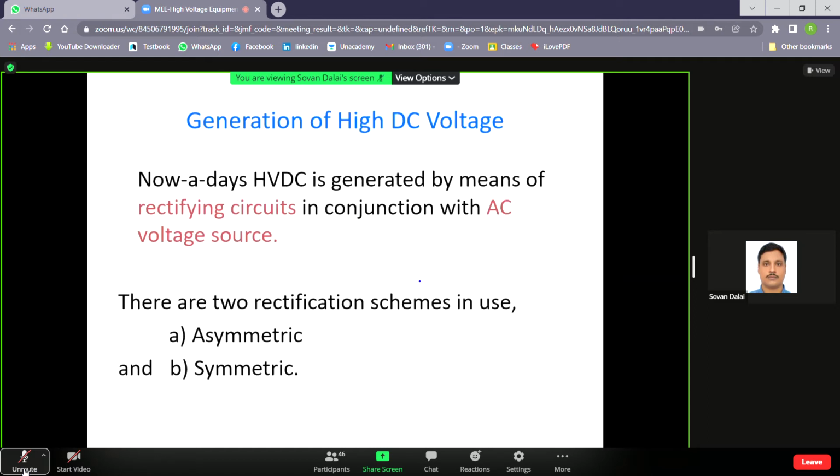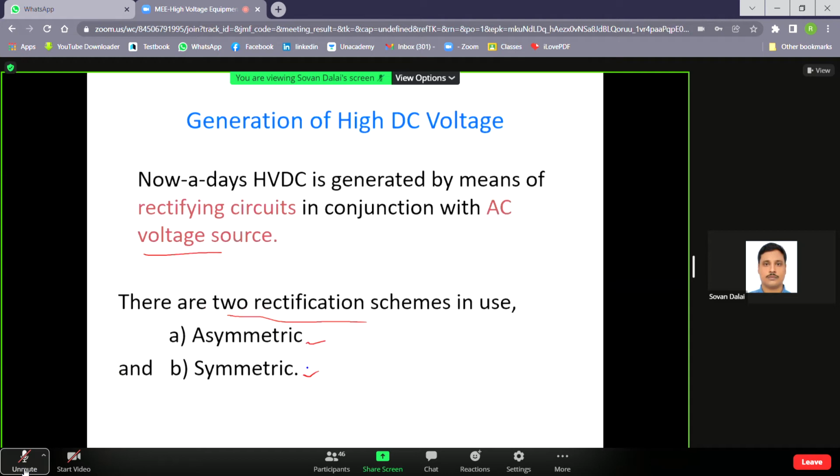Okay, before going to the detailed discussion of generation of high DC voltage, we can generate high DC voltage with the help of an AC voltage source. And according to the rectification scheme, these circuits are called asymmetric circuit and symmetric circuit.